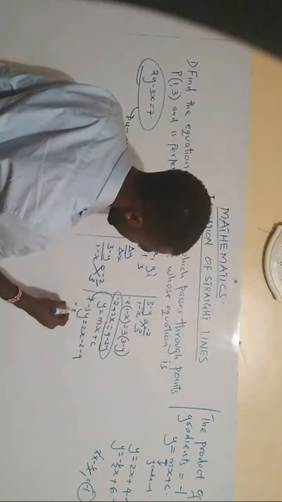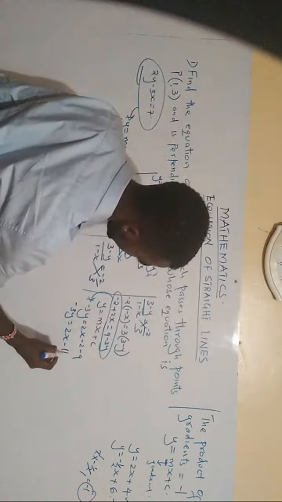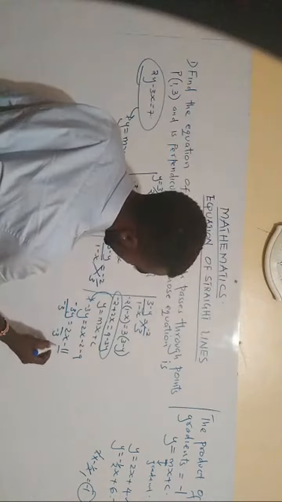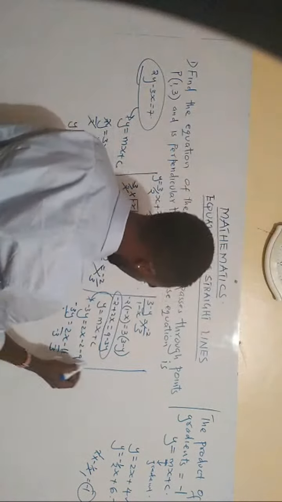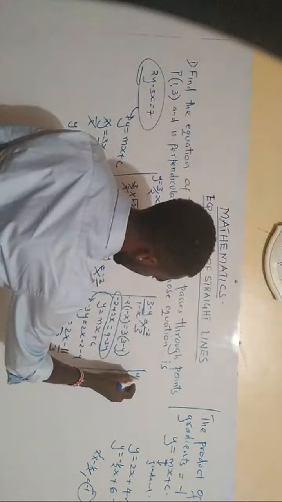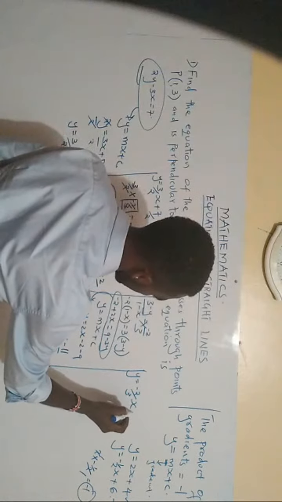Then we have -3y = 2x - 11, right? Then we can make y the subject by dividing through by -3. So -3 and -3 will cancel. So y = -2/3 x - 11/3.